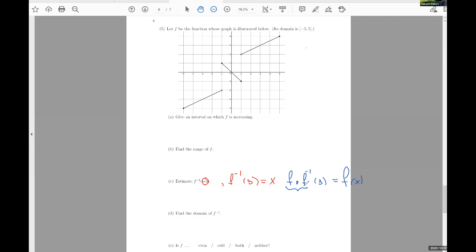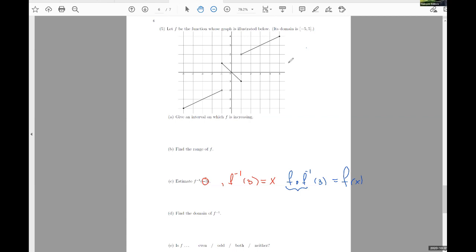In other words, I'll give you a hint, a rephrase: what is going to happen if you apply the inverse function and then f to your output x? What is going to happen with your output? Yeah, the output is going to be the original input. This is a property of the inverse function.